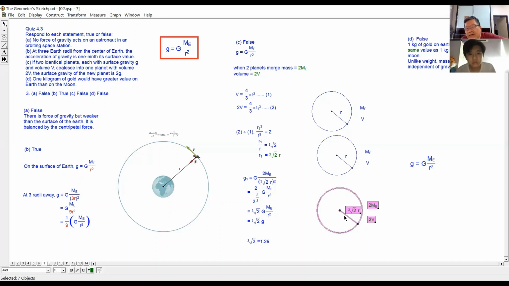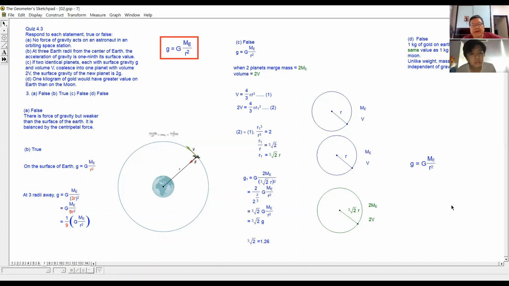This is 1r, this is 1.2 or 1.3 r. So the radius only increased by a little bit, but the volume became twice that of the old planet. The radius only increased by 1.25 or 1.26 times.